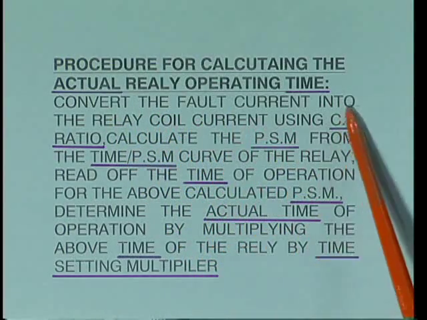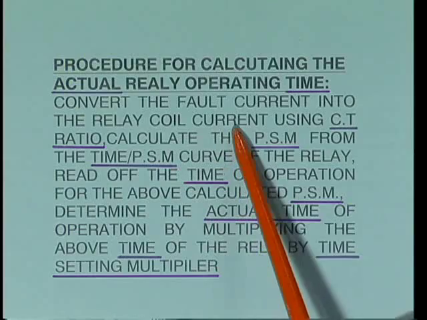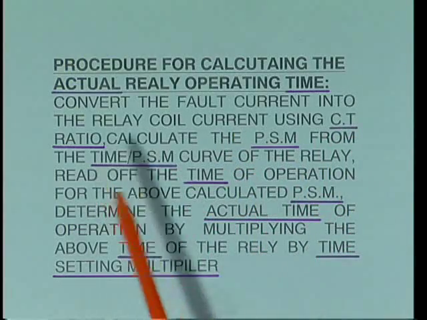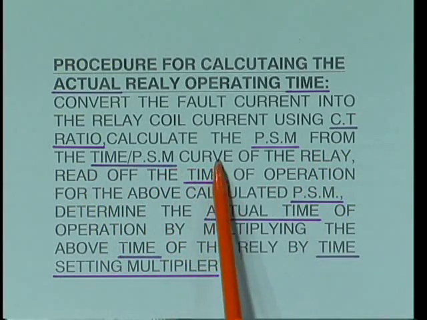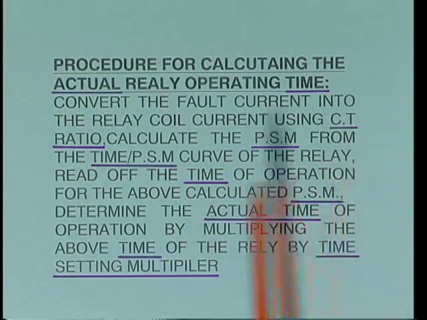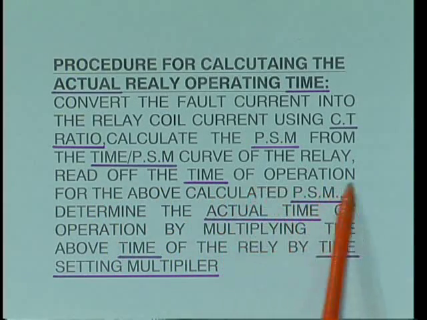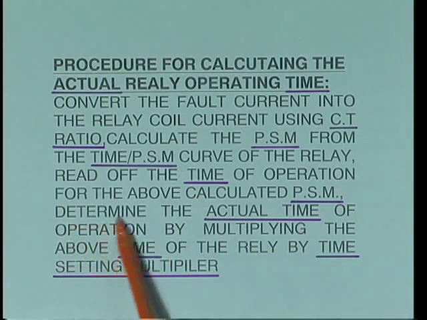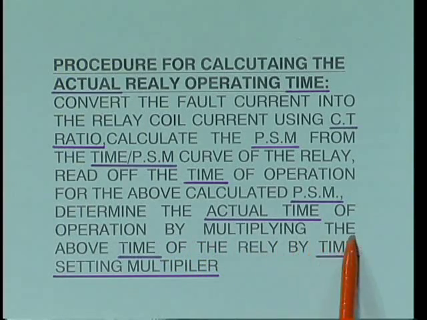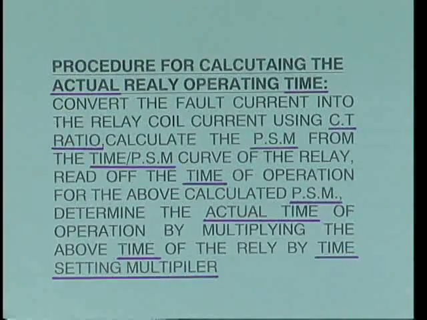Convert the fault current into the relay coil current using the CT ratio, then calculate the PSM from the time PSM curve of that particular relay. Read out the time of operation for the calculated PSM, then determine the actual time of operation by multiplying that time read from the PSM curve with the time setting multiplier.